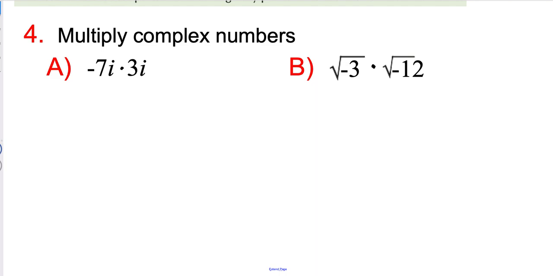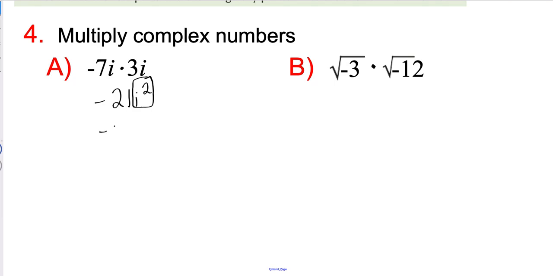Okay? So this one is already simplified into the bi form, right? The i's are out. There's no square roots of negatives. So I'm going to multiply the numbers in front. I would multiply these as if this were an x, okay? So this would be negative 21i squared, okay? Now, the thing with these is I cannot just leave that i squared, all right? i squared substitutes to a negative 1.